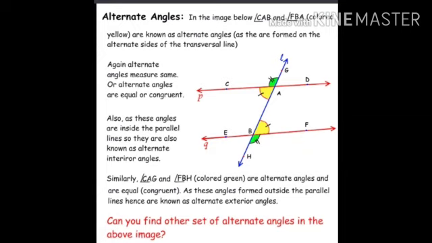So, according to the property of alternate angles, the measures of these angles are equal and hence they are congruent. Similarly, the other pairs of alternate angles formed by parallel lines and transversal here are also congruent.